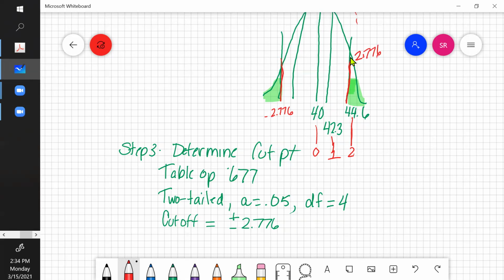And so if our value falls greater than 2.776 or less than minus 2.776, we get to reject the null hypothesis. So what is our value?